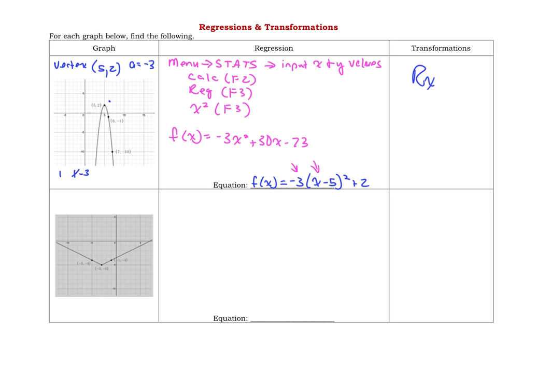I know that I went to the right 5 and up 2 because that's the vertex. And then I have a vertical stretch of 3. And those are my transformations. So that is showing you how to use the calculator and or the pattern from the parent.